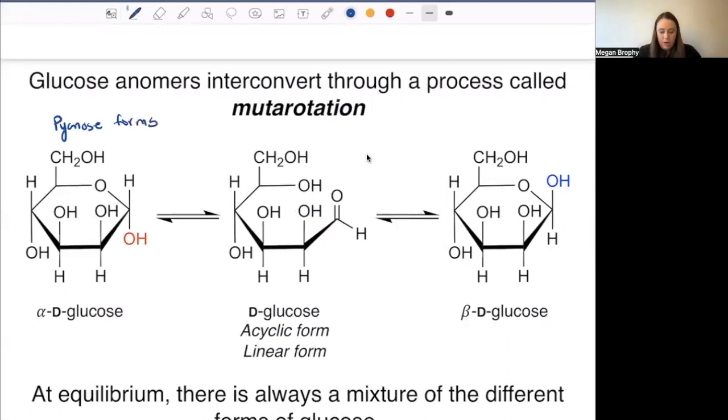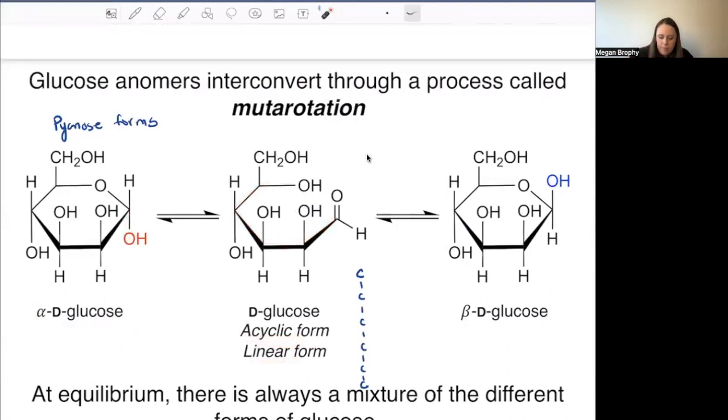So between the pyranose forms, if we start with alpha D glucose where the hydroxyl group is pointing down, we can make an acyclic form. This is the same as the linear form, which we saw earlier as a Fischer projection. So with our 6 carbons, just all in a line. We've redrawn it so it's more suggestive of the way it'll form a ring.